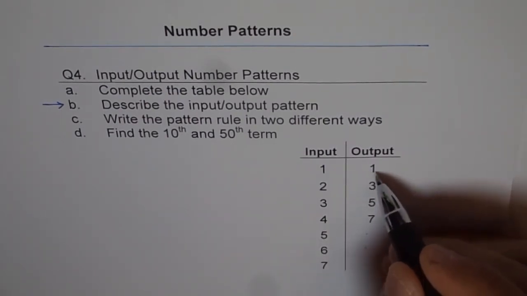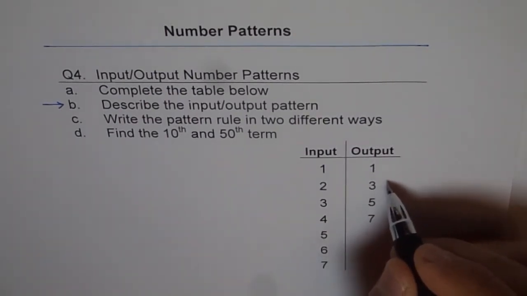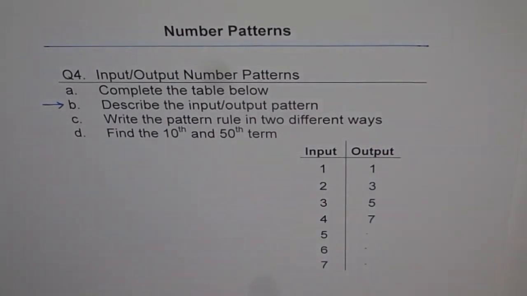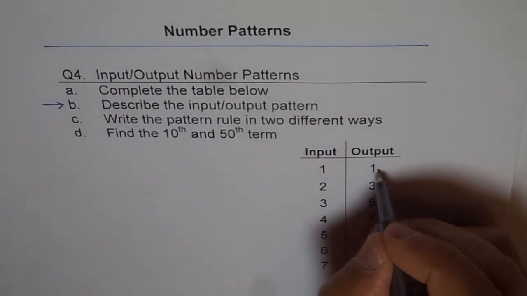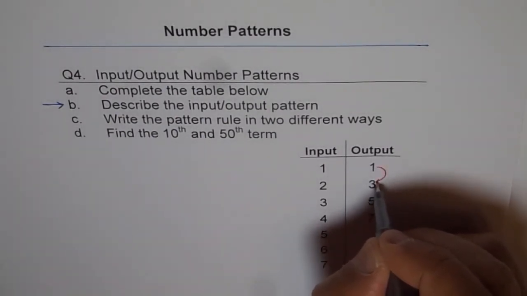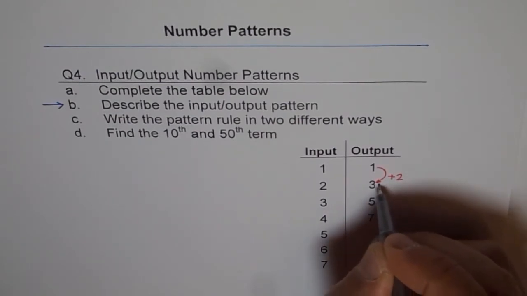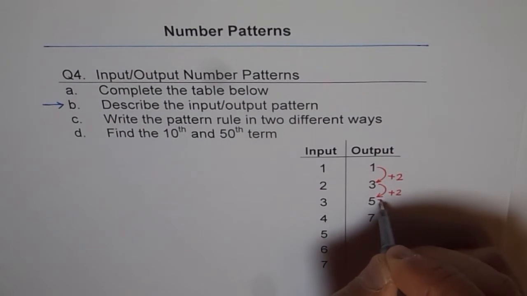So how do you get 3 from 1? Add 2, right? 3 minus 1 is 2, either way. So what we see here is that to go from 1 to 3, we should add 2. Similarly, from 3 to 5, we should add 2. 5 to 7, we should add 2.